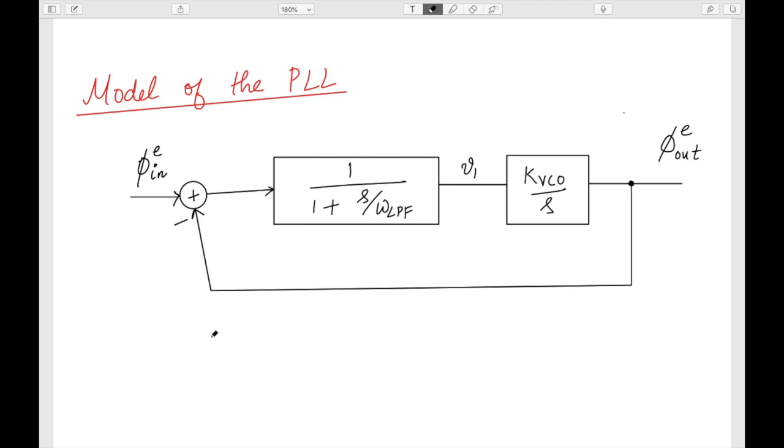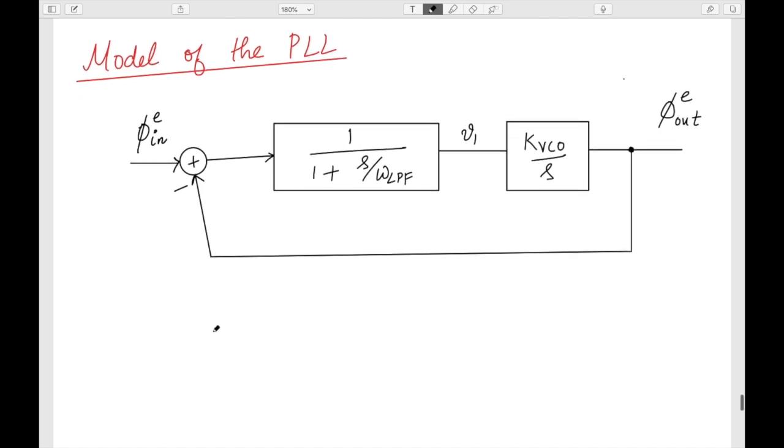Let's try to understand this transfer function. The open loop transfer function is what we have if there is no feedback. Sorry, I have forgotten one more block: the phase detector, which has a gain.